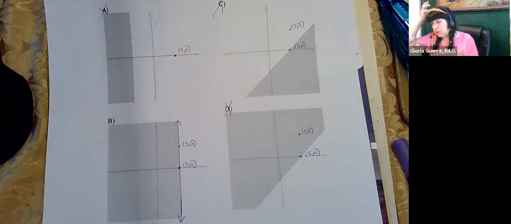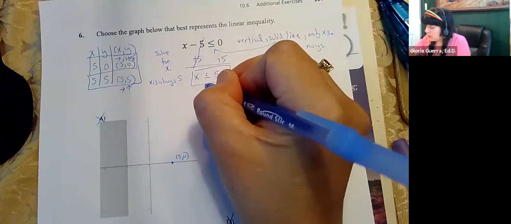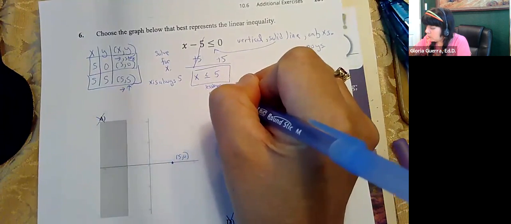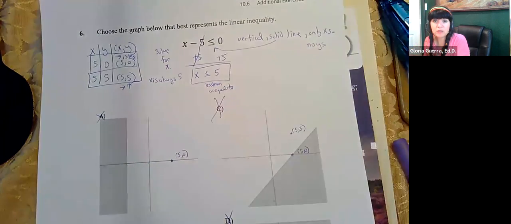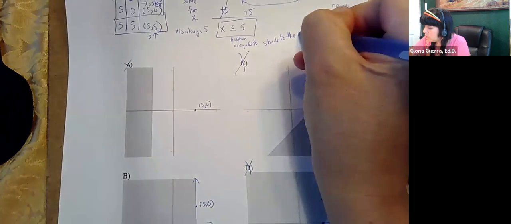Okay, so it looks like B is going to be your solution from looking at your table. And then as far as shading goes, let's go to your rules. This is saying all your x's are less than or equal to 5. To me, that tells me you want to shade to the left.